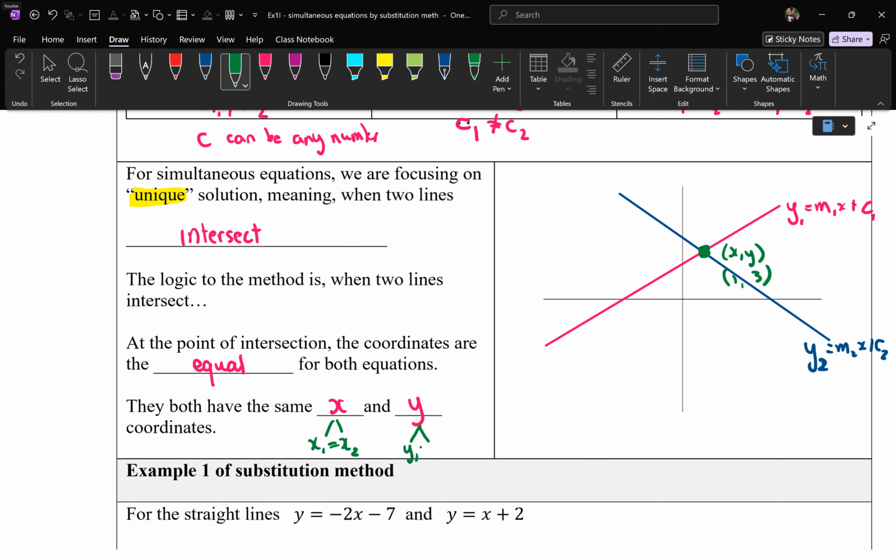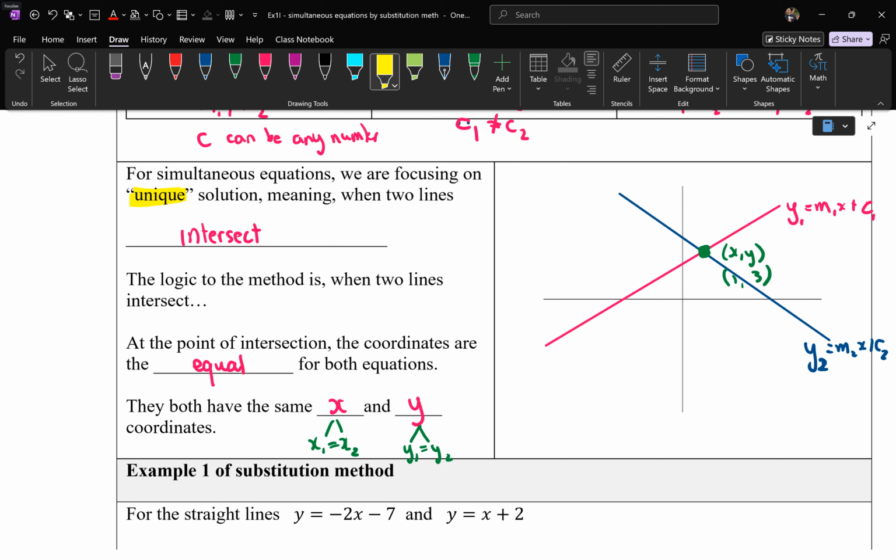And this means y1 has to equal y2. Because normally they're two different equations, so they shouldn't have the same coordinates. But if they do have the same coordinates, it implies that they both intersect. That's the only way. It's like both of you meet at the same crossroad. That's why we're saying x1 equals x2 or y1 equals y2. Only at this point of intersection will it work.